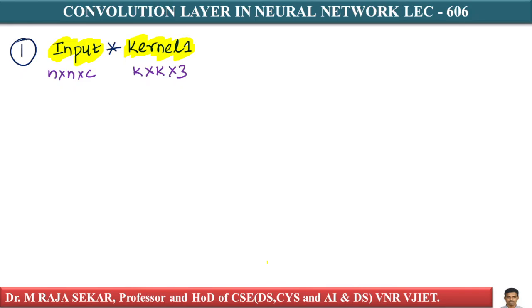Let's assume in step 1 your input is N cross C and your kernel 1 is K cross 3, with sufficient padding and stride equal to 1. So what do you get here?